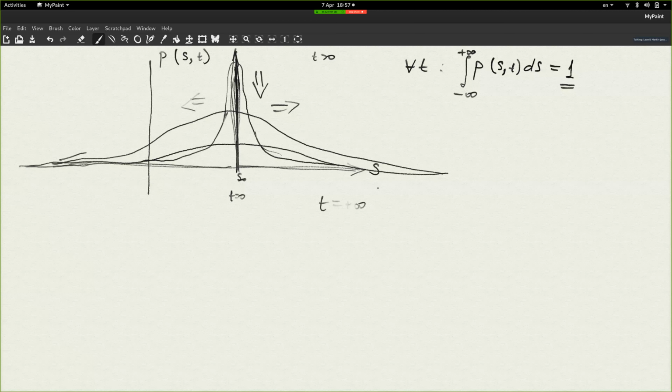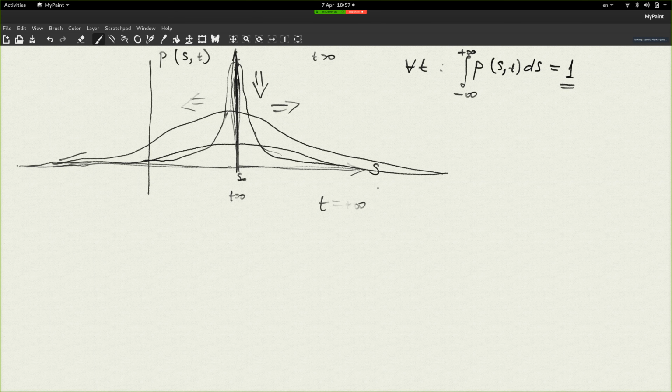Eventually, at t equal to plus infinity, there would be an opposite situation. Originally, we had the whole probability mass concentrated in the point S0, where S0 is the initial condition. So it was 0 outside of that point and infinity at this point. Eventually, at t equal to plus infinity, we'll have it the other way around.